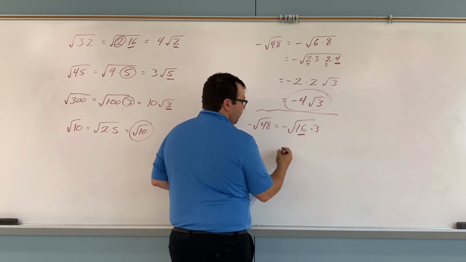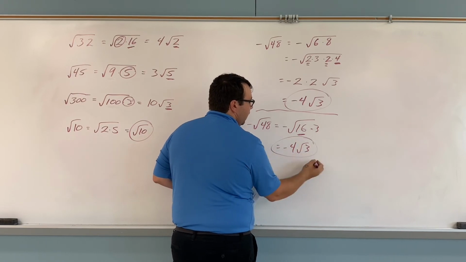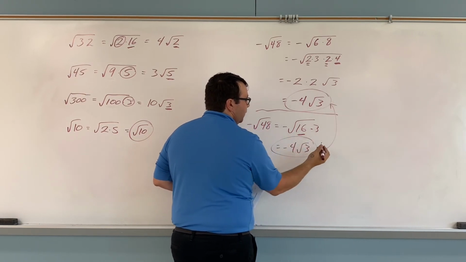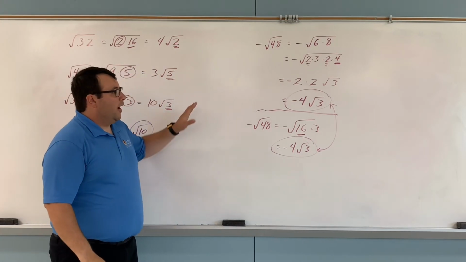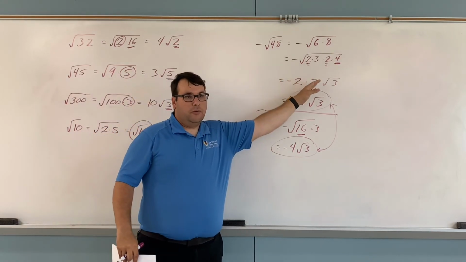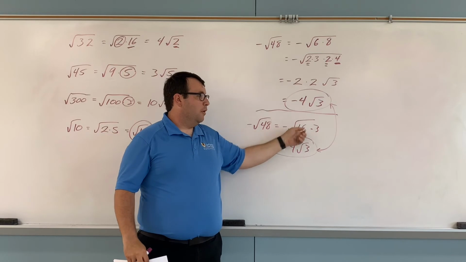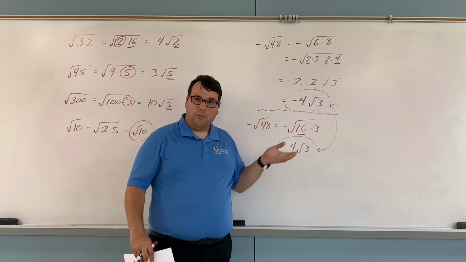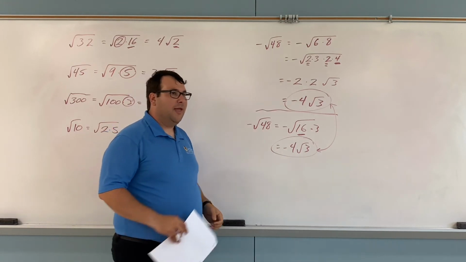This 16 is 4, right? Once you pull it out. It's the same exact thing, just a little less work. So either way, you can go through, you can break down to get all of your little factor pairs and see what you can pull out, or you can see if you see perfect squares or perfect cubes or whatever it happens to be to match that root index and pull those values out as well.